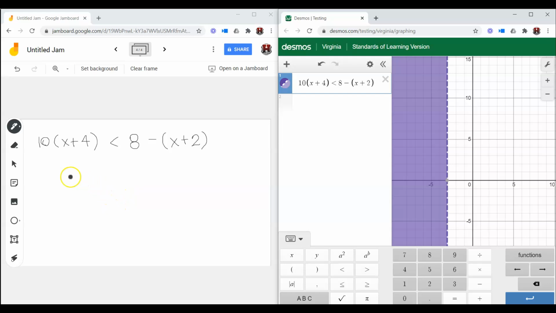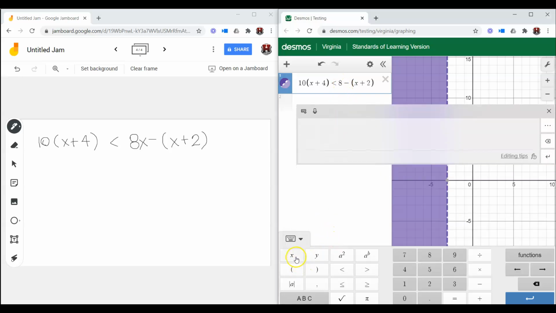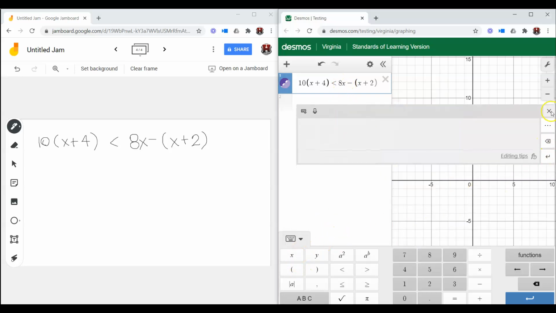All right, so here's what we've got for this problem. Oh, wait, I just realized I copied this problem wrong. Let me come back over and fix it. This was supposed to be 8x. So I'm going to come over here and change that to 8x.